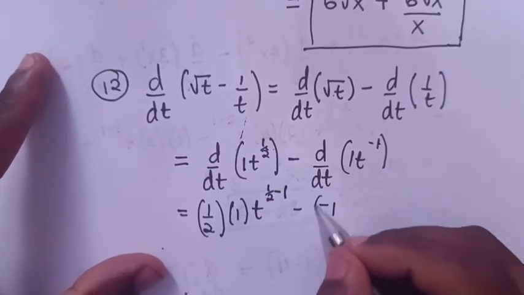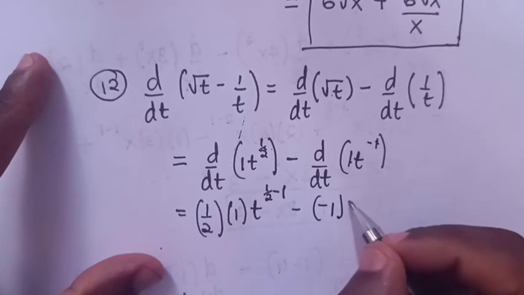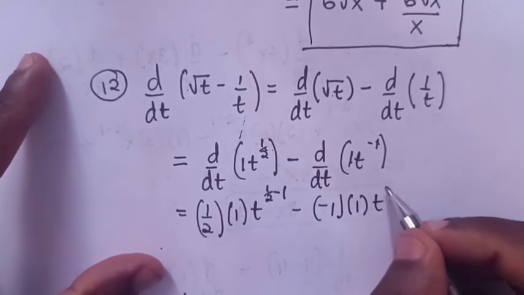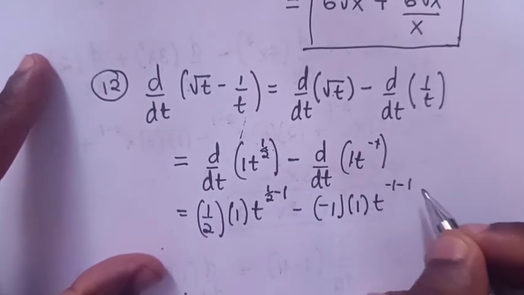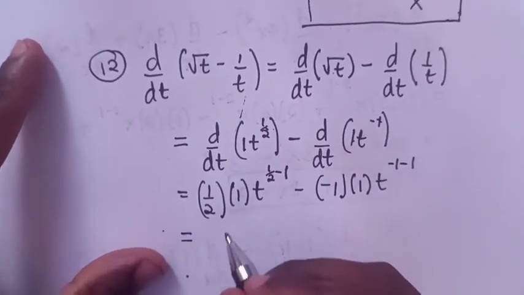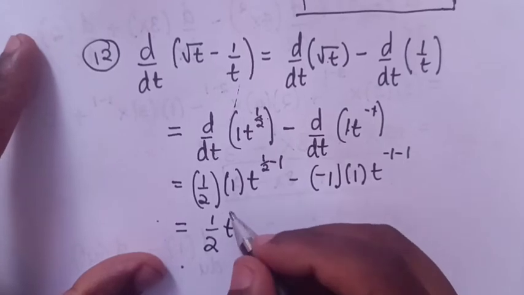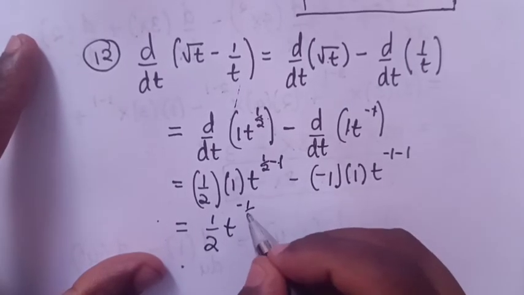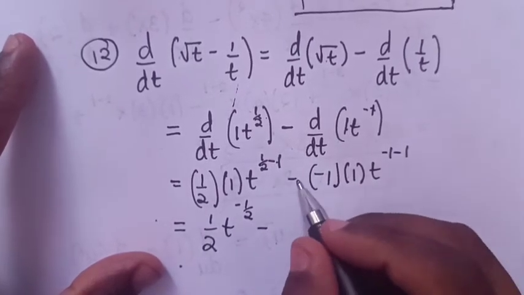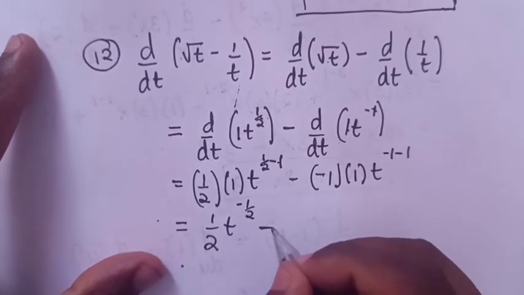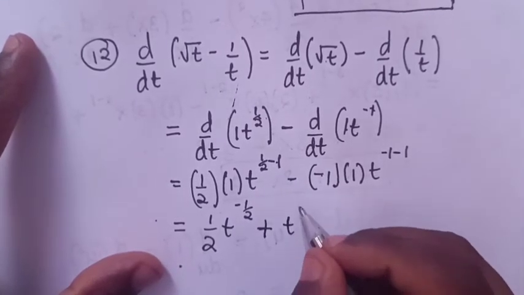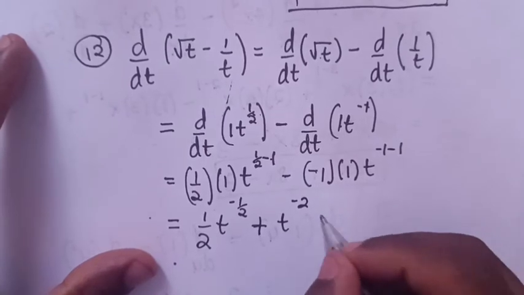Here our exponent is negative 1 times our coefficient 1, t to the power of negative 1 minus 1. Now here a half times 1 is a half, t to the power of a half minus 1 is negative a half, minus times minus is plus, t to the power of negative 2.